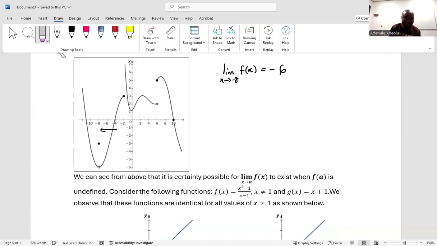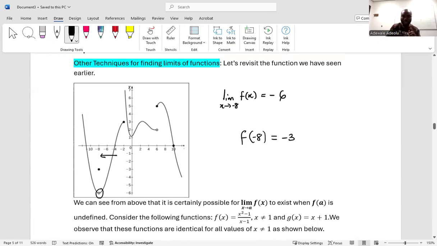In this function, this negative 6 is not the value of that function at negative 8. The value of that function at negative 8 is actually negative 3. Oops.